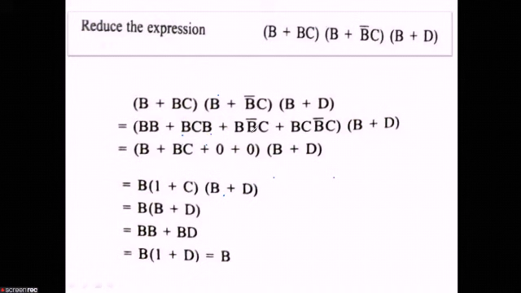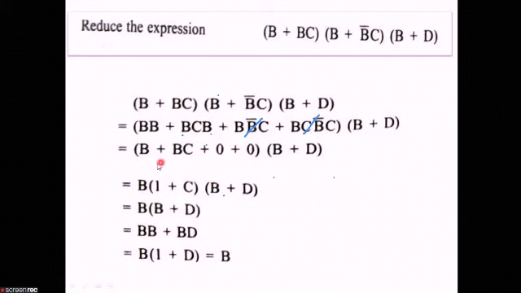Here B dot B bar is there, so these two terms will be equal to 0, so they got cancelled. Again there is B dot B bar, so it again is equal to 0. We are reducing the expression, writing it like this: B plus BC plus 0 plus 0, into B plus D.